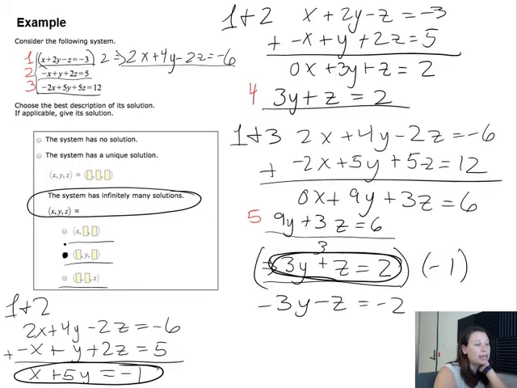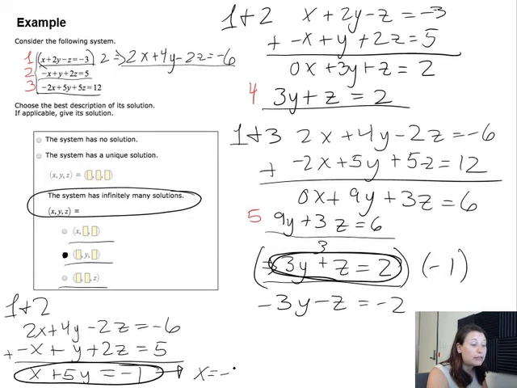What that means then is you solve for the other variable in terms of y. So from this equation right here, I'm going to solve for x. So that means x is equal to negative 5y minus 1. And then I'm going to solve this equation for z. So then z is equal to negative 3y plus 2, right?